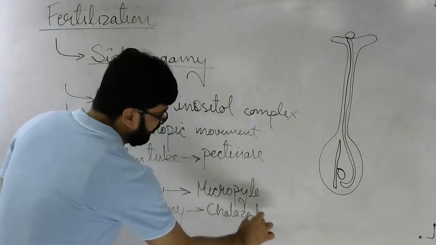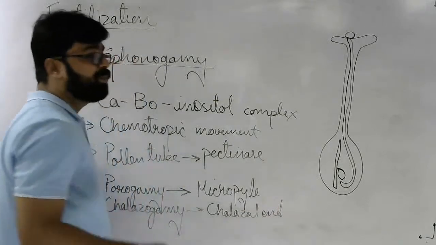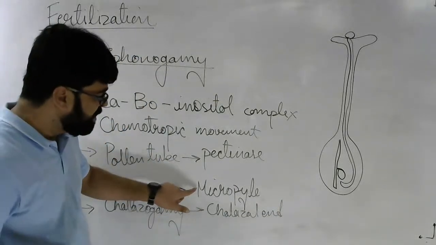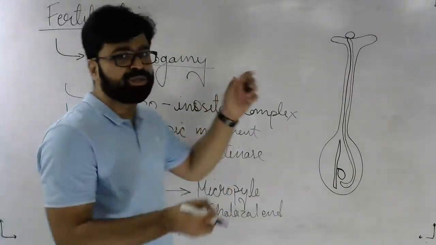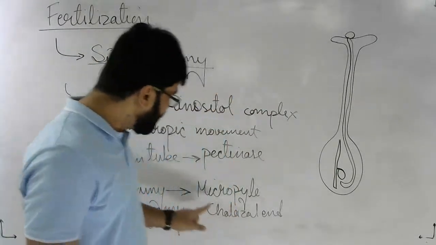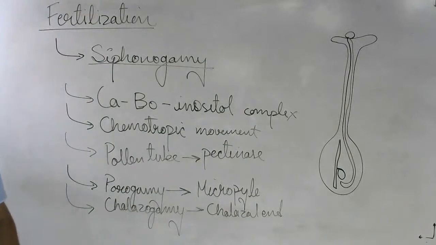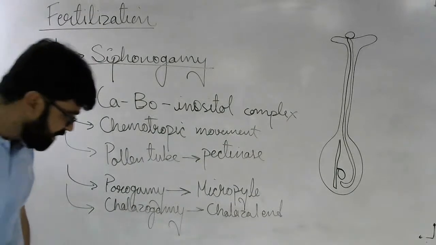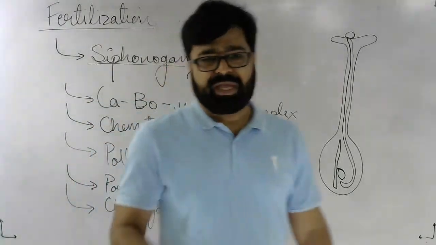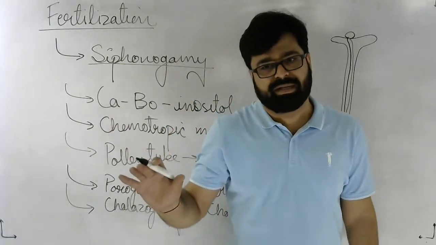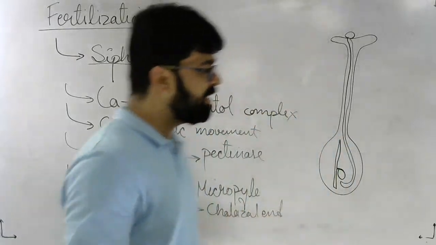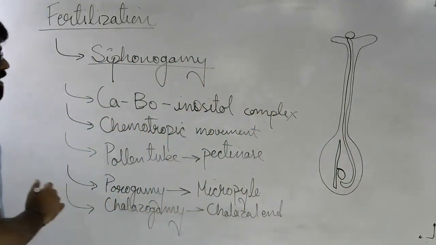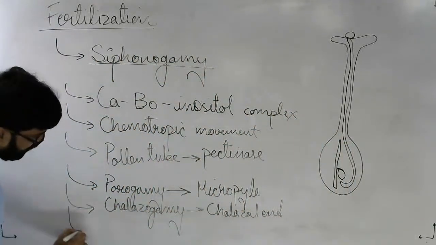अगर आपको याद आ रहा है कल जो हमने पढ़ा था, माइक्रोपाइल एंड चलाजल एंड बोथ आर प्रेजेंट अपोजिट टू ईच अदर, तो ये तो हो गए अपोजिट एंड से एंट्री पोलन ट्यूब की। अगर पोलन ट्यूब की एंट्री इन दोनों एंड से नहीं हो रही है, इन बिटवीन इंटेग्यूमेंट से हो रही है, देन वी कॉल इट मीजोगेमी.